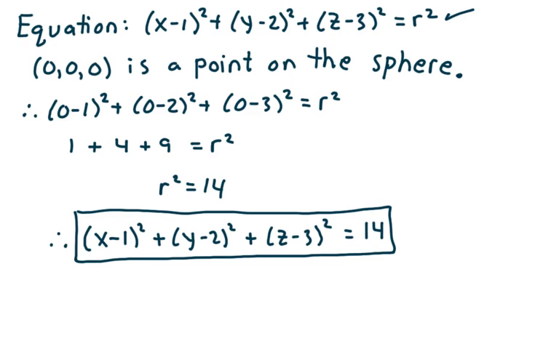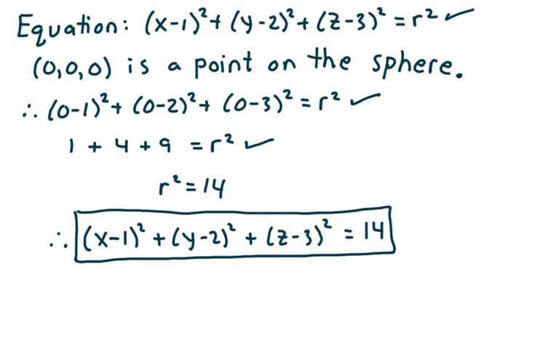So (0 minus 1) quantity squared plus (0 minus 2) quantity squared plus (0 minus 3) quantity squared is equal to r squared. And so that says r squared is equal to 1 plus 4 plus 9. But 1 plus 4 plus 9 is 14.